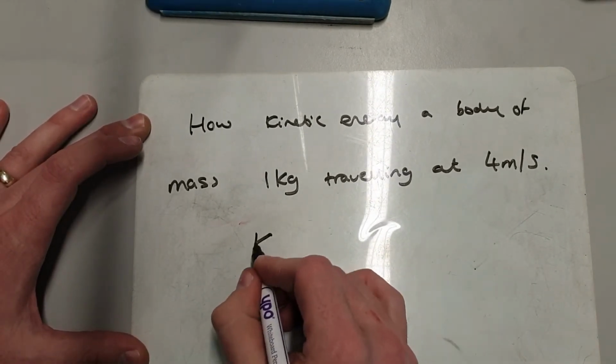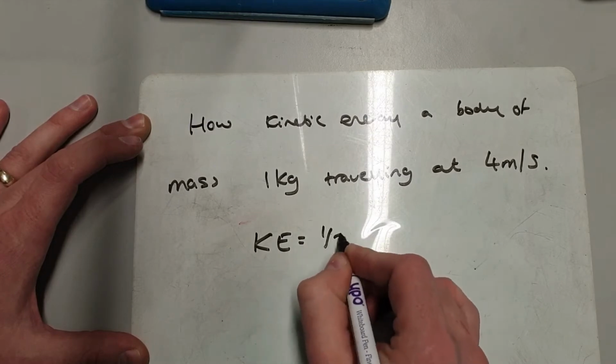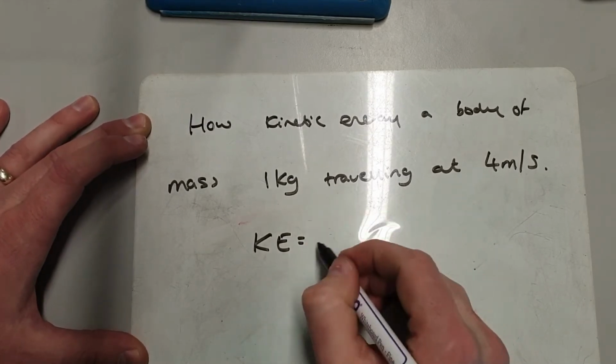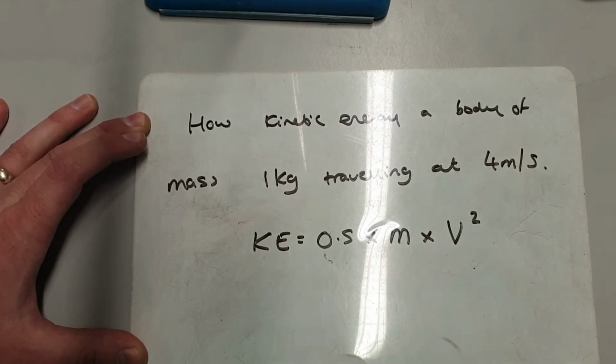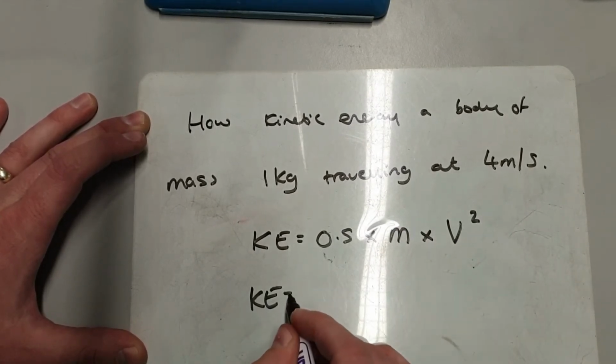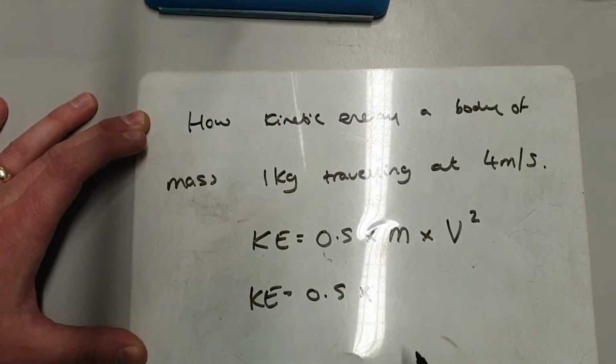So first of all, I need my equation. Kinetic energy equals a half times mass times velocity squared. And this is how you should set out your equations to ensure maximum marks in your exam.